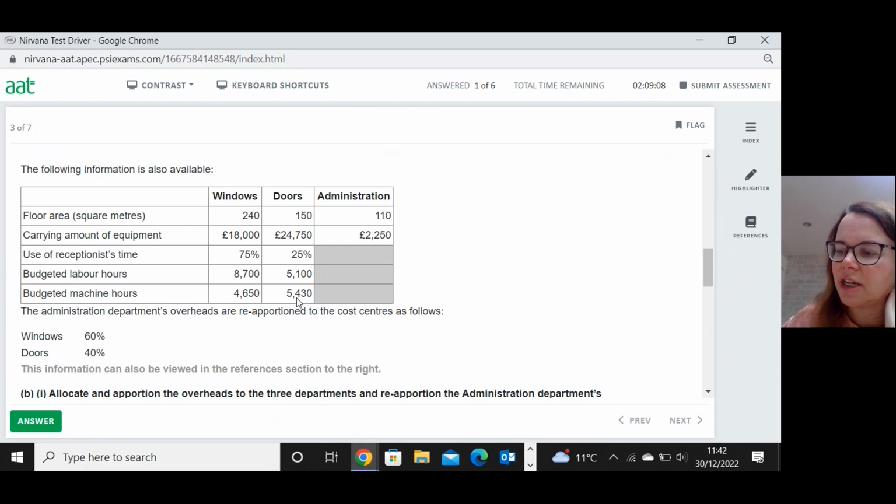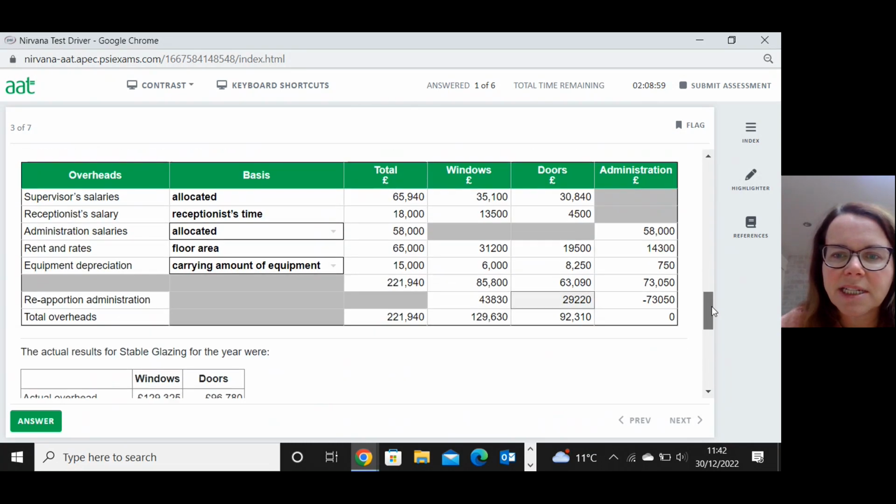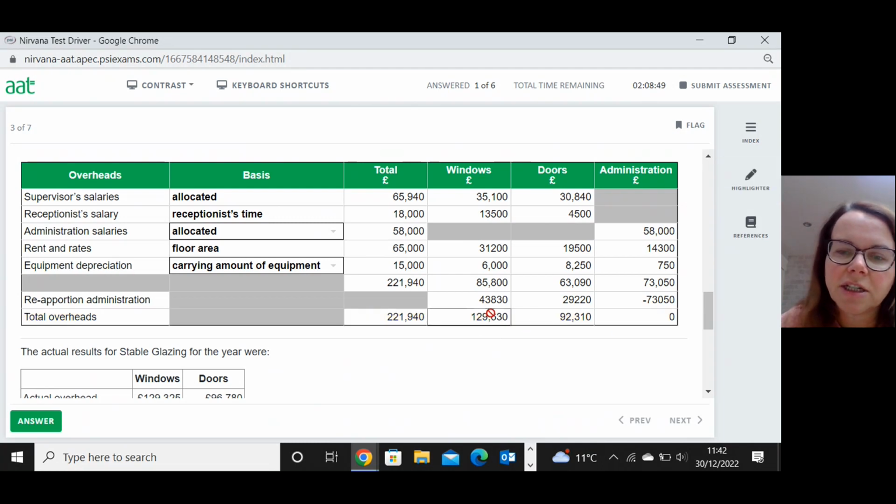So what's our calculation going to be? Well, let's do Windows first of all. So I'm looking for the budgeted overhead. So the budgeted overhead for the Windows department is going to come from that. It's highlighted the whole row, but I was trying to just draw your attention to this 129630.